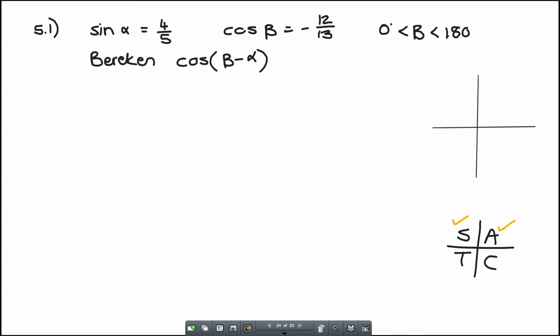Cos, you'll see, is negative, and that only happens in the second and the third quadrant. And they're also saying that beta must be between 0 and 180. So therefore this part is out. So can you see that that's why I'm using the second quadrant? Okay.